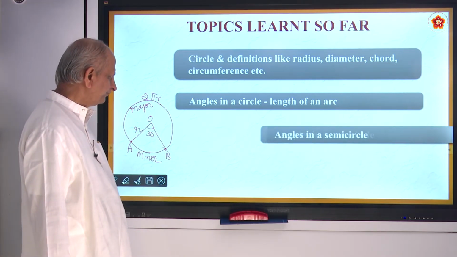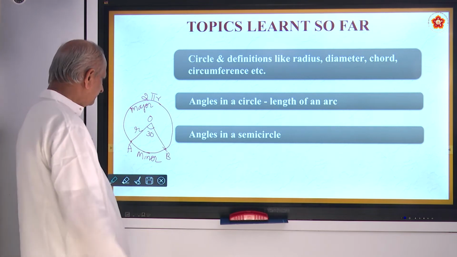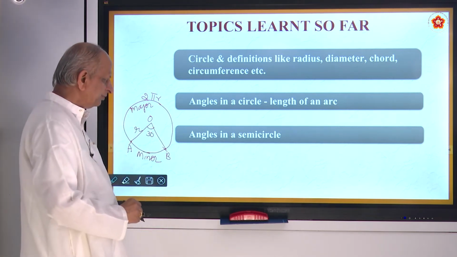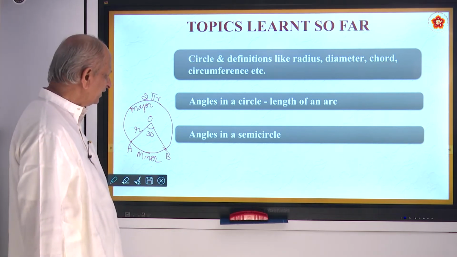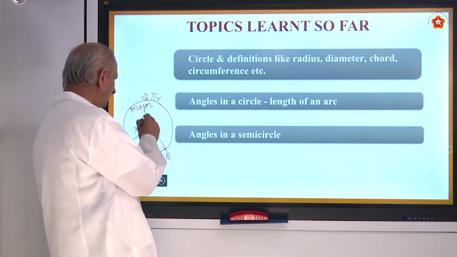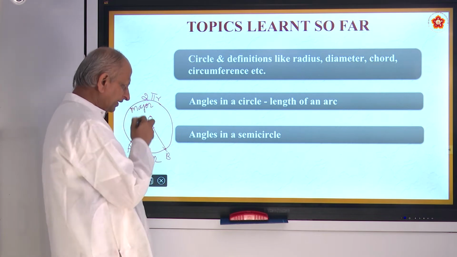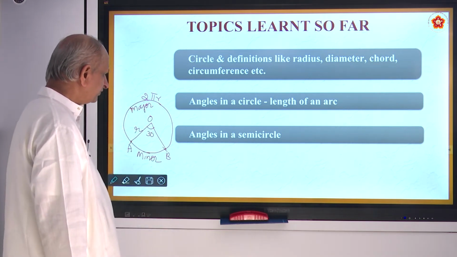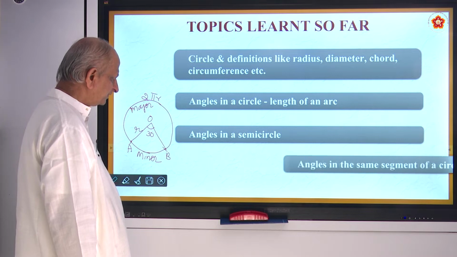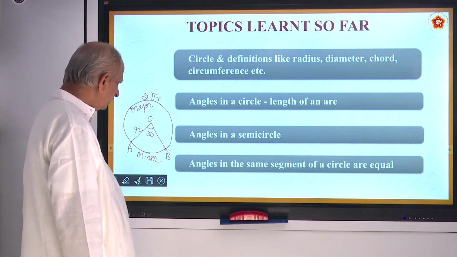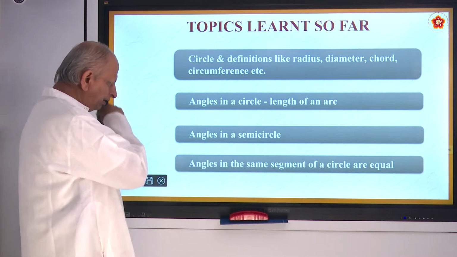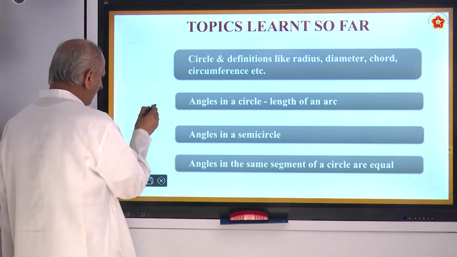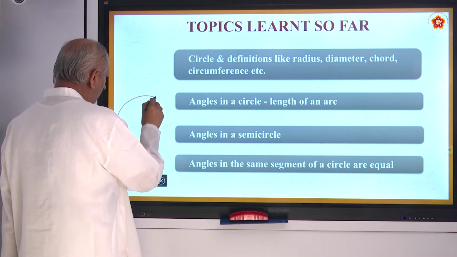And if this becomes a semicircle, the angle at the center will be 180 degrees, and at the circumference it will be 90 degrees. That also you have studied in the previous class. And also one important point we studied: angle in the same segment.